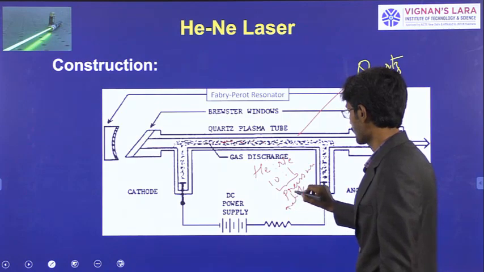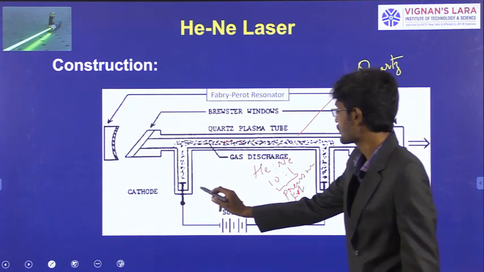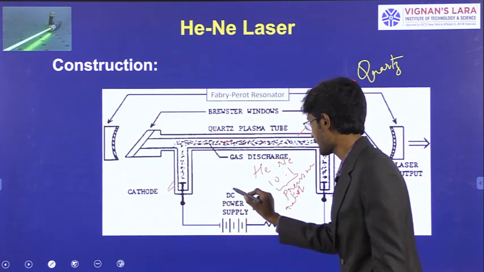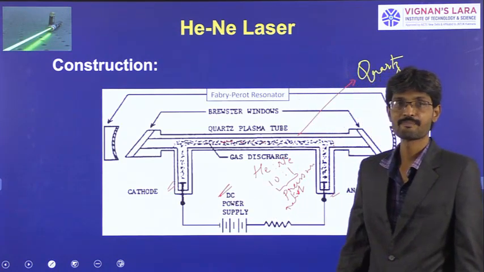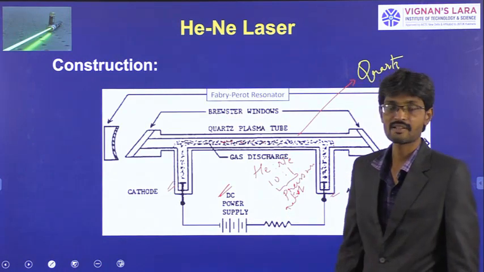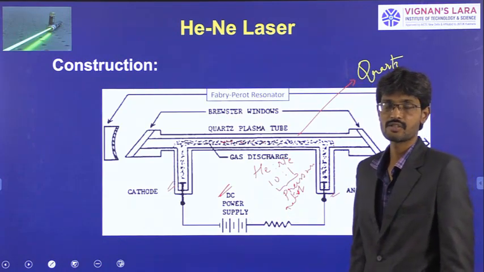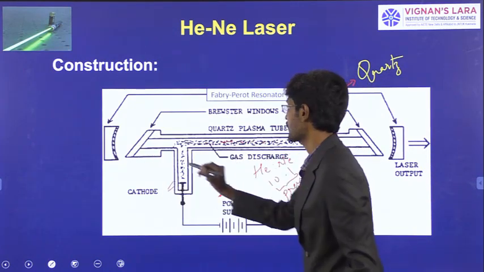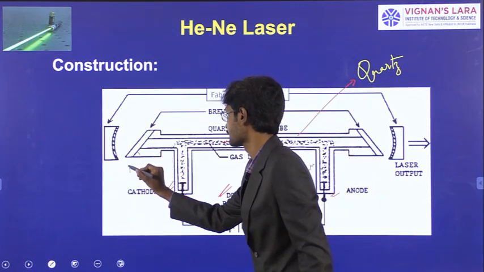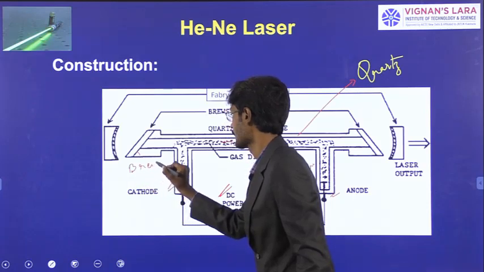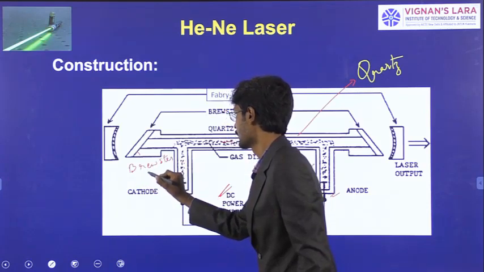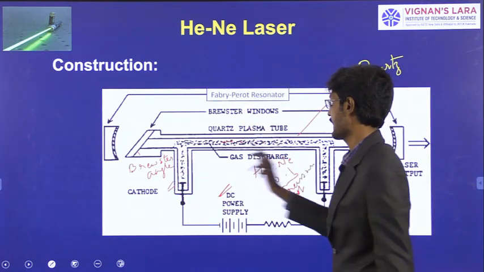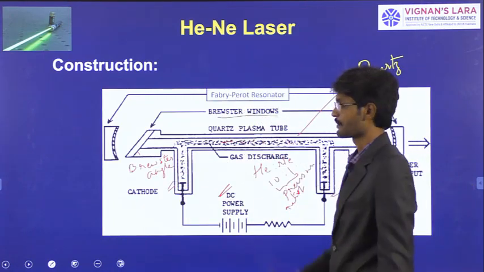So this is the pressure ratio of helium and neon, and the discharge tube is enclosed with the two electrodes connected to a high power DC supply, and from this we can understand the pumping method is the electric discharge method. The discharge tube is enclosed with two windows placed at the Brewster angle, and those glasses are called Brewster windows.